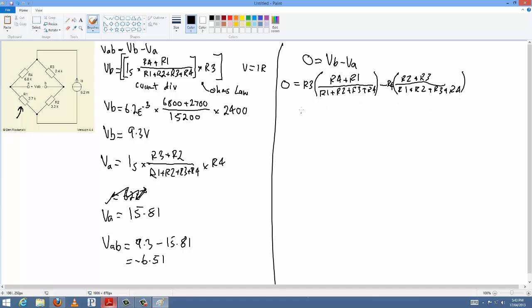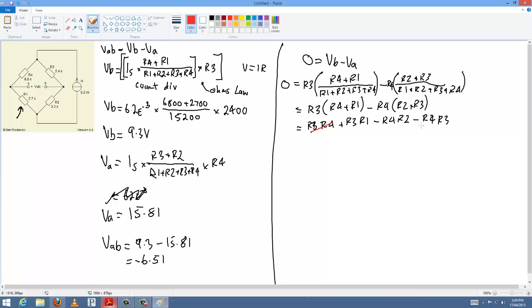Factor those out, multiply out, and you end up with R3 times R4 plus R1 minus R4 times R2 plus R3, and expanding these, R3R4 plus R3R1 minus R4R2 minus R4R3.